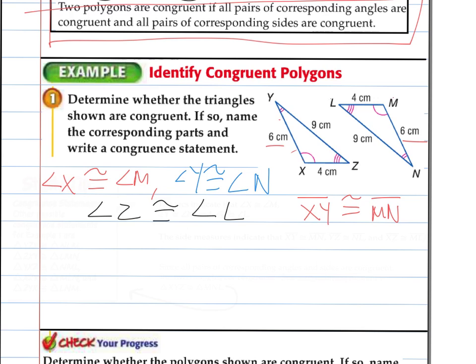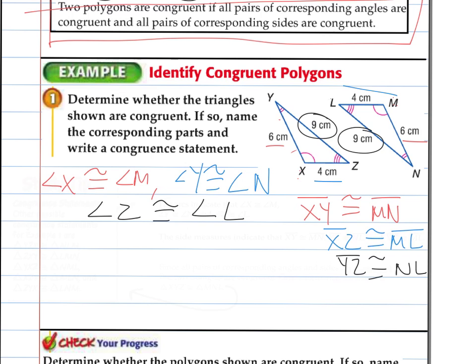Since I put M first because I put X first and those angles correspond, XZ corresponds with ML, and YZ corresponds with NL.